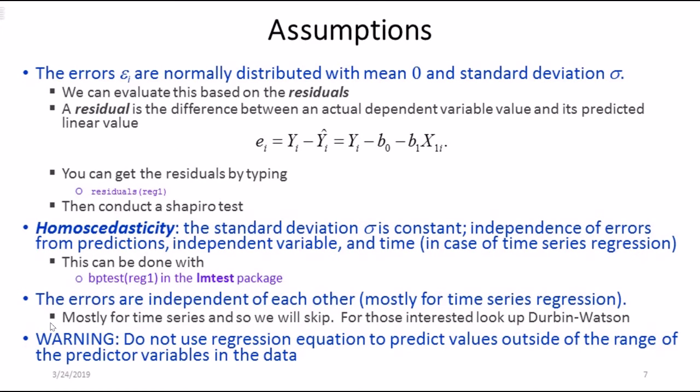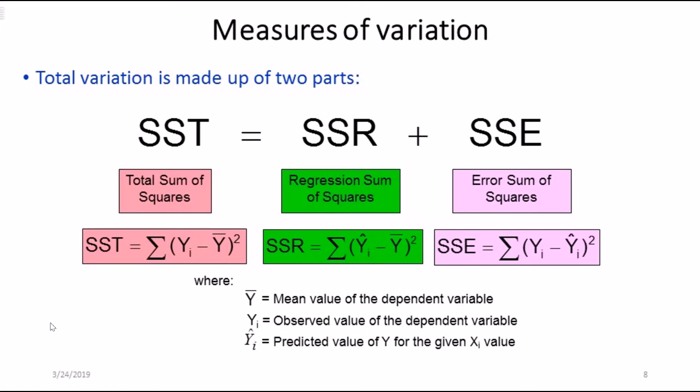The total variation is made up of two parts: regression sum of squares and error sum of squares. Y bar is the mean value of the target variable. Yi is the observed value of the target variable.